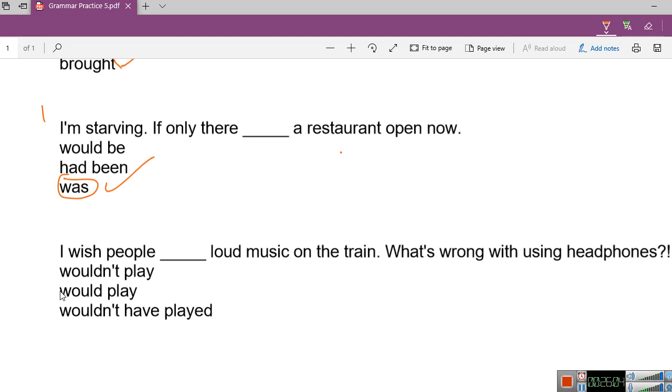If only there was a restaurant open right now. Very well. This is a present desire because I'm hungry now. I need a restaurant right now.